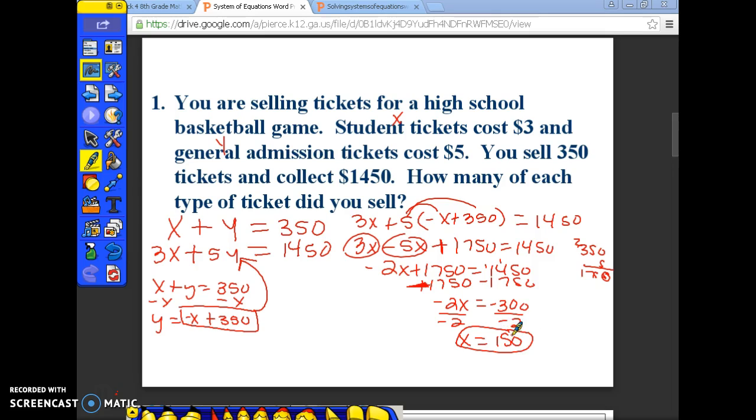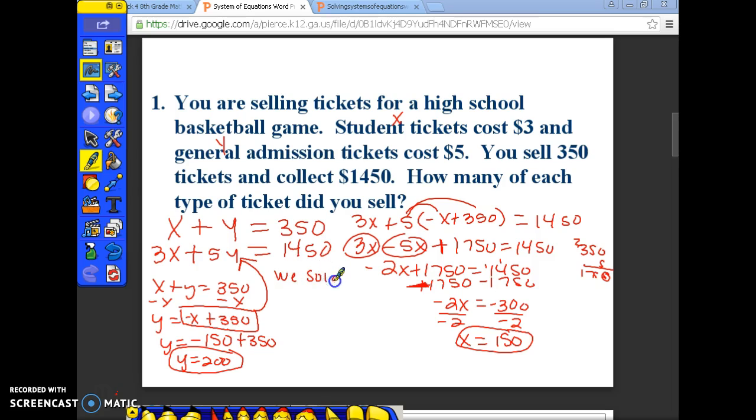Once you solve for your first variable, plug that back in. Negative 150 plus 350 is 200. So how many of each type of ticket did you sell? Y represents general admission. X represents student tickets.